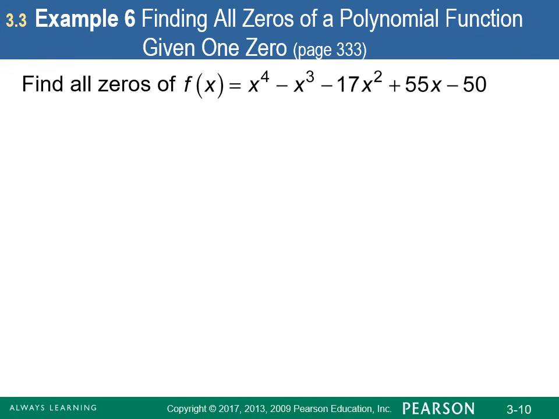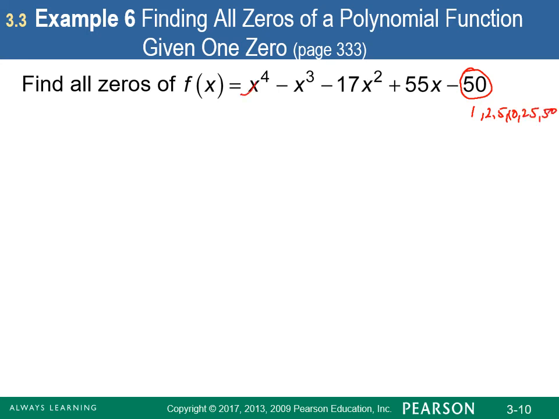Unlike in previous problems, we haven't been told on this one what any of the factors or zeros are. So we're on our own. We have a couple of choices. One, we can use our calculator, which I'm about to do, or we could do this the old-fashioned way. We can list all the things that divide evenly into 50. That would be 1, 2, 5, 10, 25, and 50.